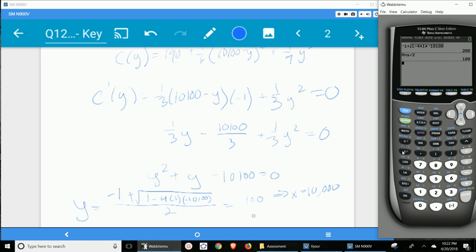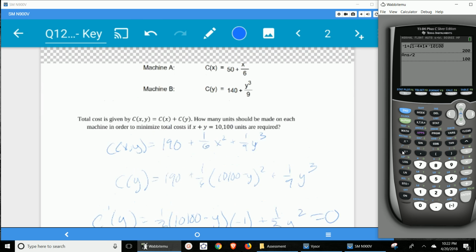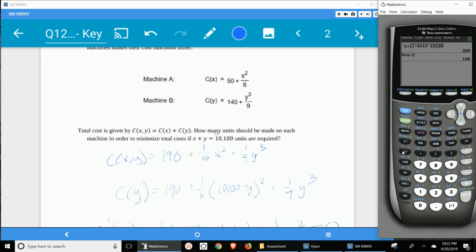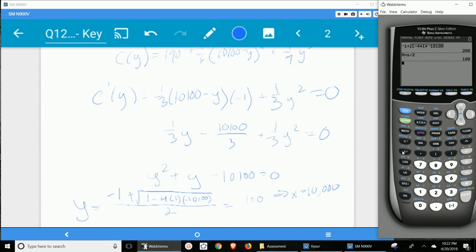Okay, so answering this question, how many units should be made on each machine? Machine B is the y's, so machine B makes 100 units. Machine A makes 10,000 units.